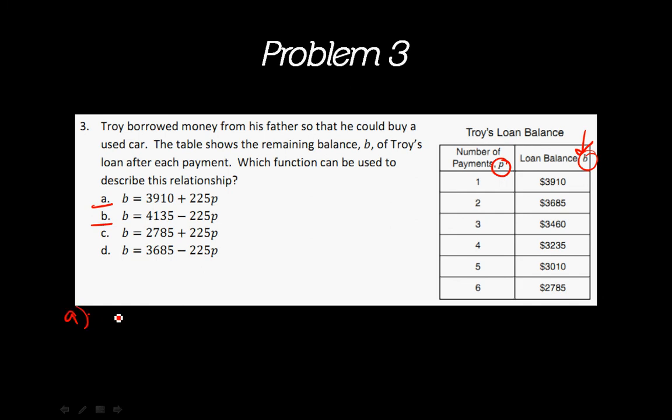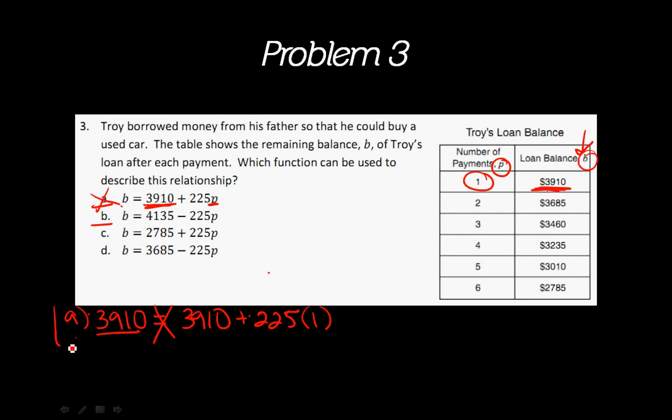So A, we have B, which in this first case is 3910, equals 3910, so I'm just writing the equation down, plus 225, and then P in this case is 1. So clearly 3910 added to anything is going to be more than this initial 3910, so this doesn't make any sense. There's no way that they could be equal, so A is wrong.